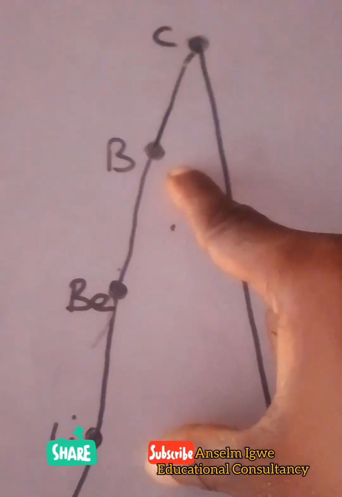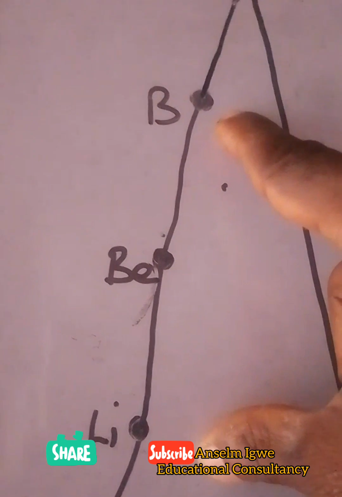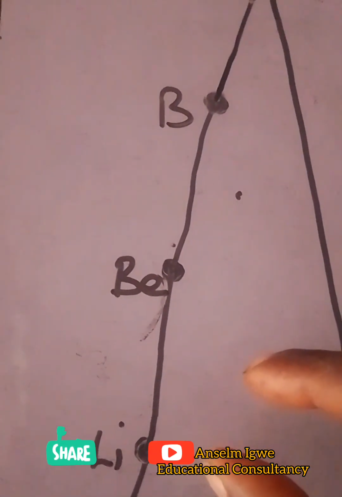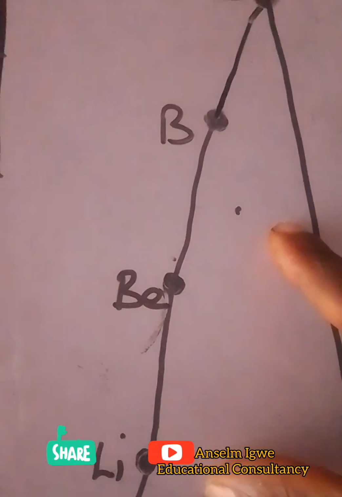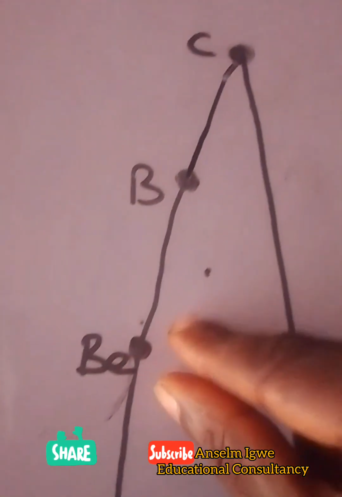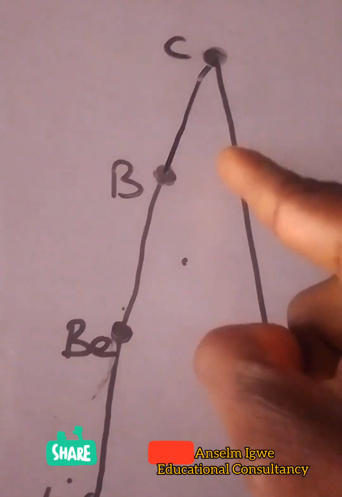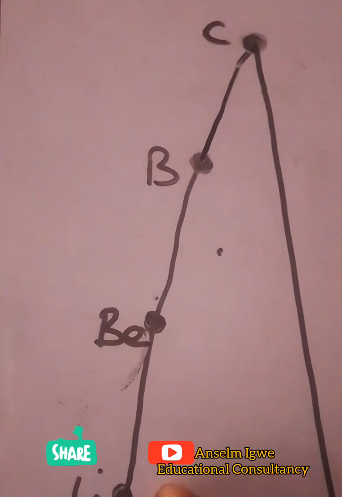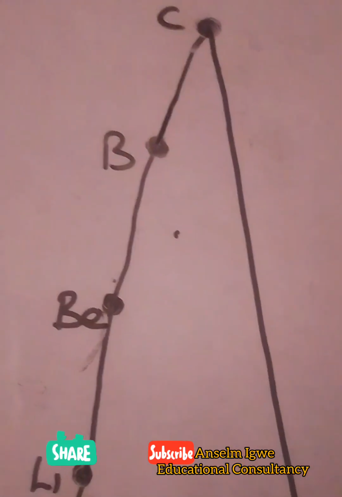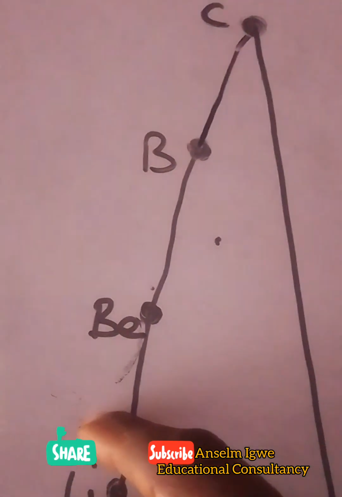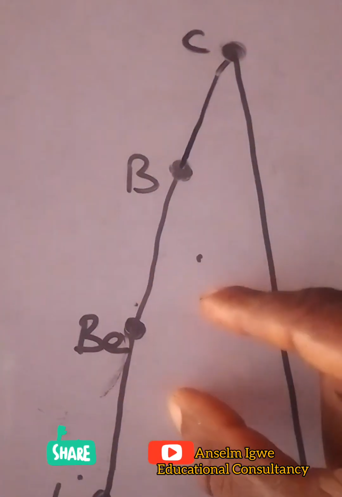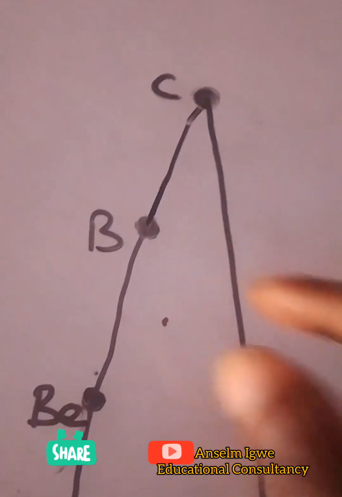Now, let me first of all explain the increase in melting point of the first 3 metallic groups. That is group 1A, group 2A, group 3A. I will explain why the melting point increases across the period, where we have lithium representing group 1A, beryllium representing group 2A, and boron representing group 3A.